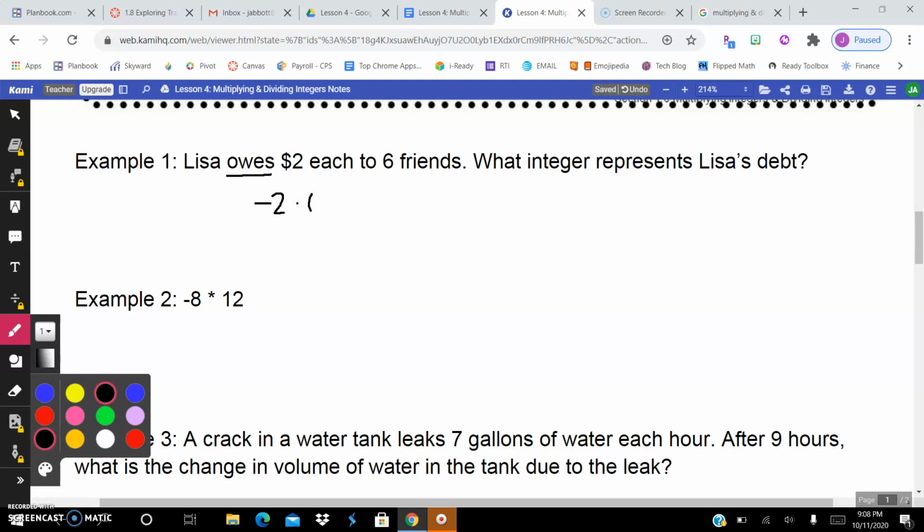We have to do this 6 times, so negative 2 times 6. I have one of each, so I'm going to have a negative answer, and 2 times 6 is 12. So Lisa is $12 in debt, and negative 12 is the integer that represents that debt.